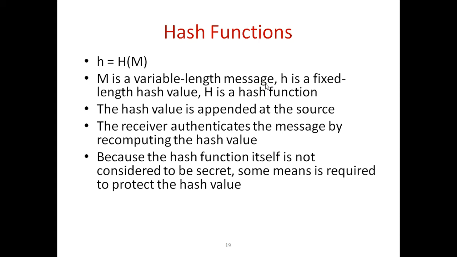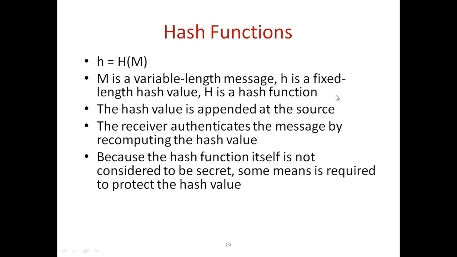You may take 512 bits or 256 bits; for example RIPEMD takes 160, SHA-1 160, and MD5 128. H is a fixed length hash value, always a hash code or message digest.